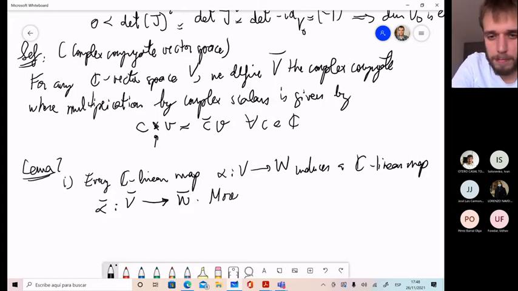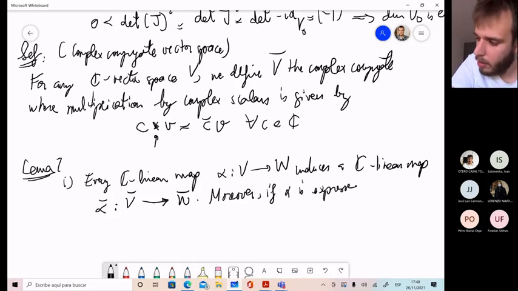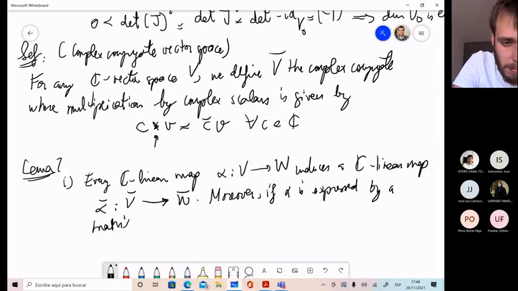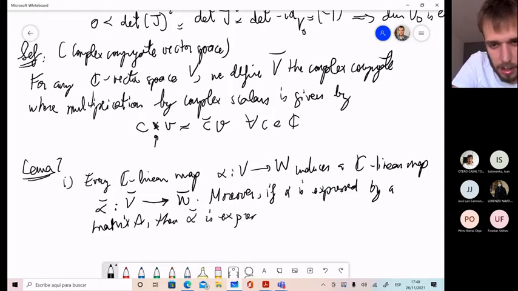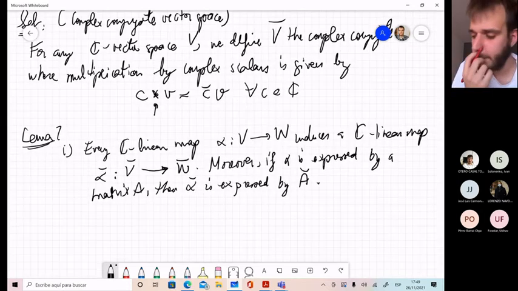And moreover, if alpha is expressed by a matrix A, then alpha bar is expressed by this matrix, the conjugate matrix, okay?